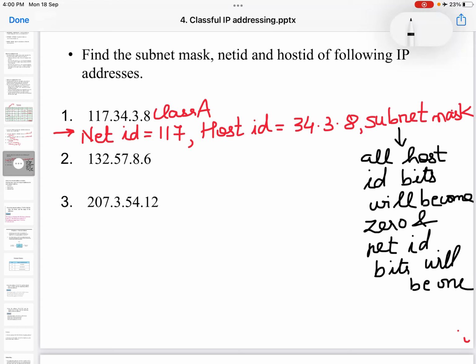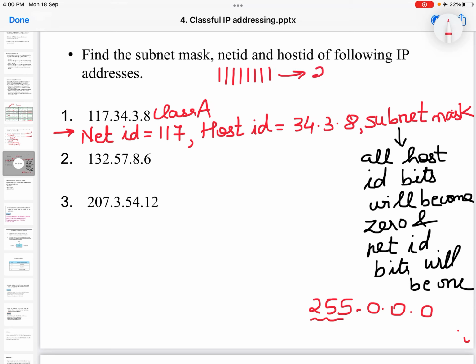So if you do that, what you get? You get 255.0.0.0. When you convert all the 8 bits to 1, you get in decimal notation 255. For 8 ones, the decimal number is 255.